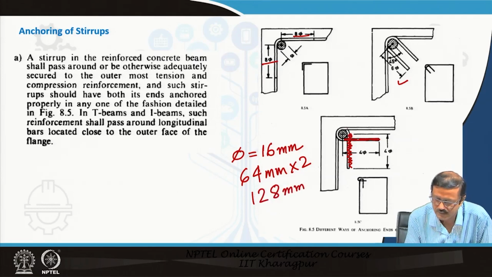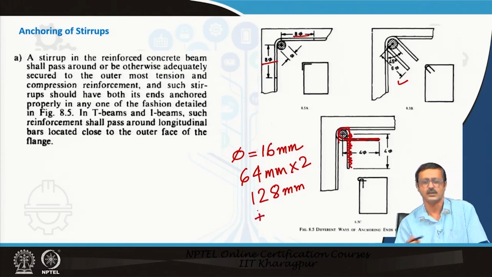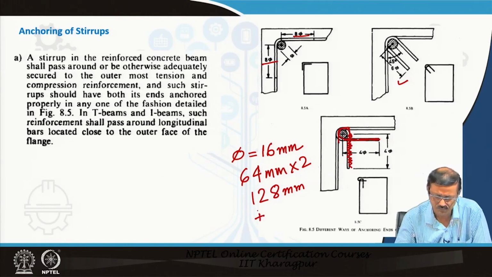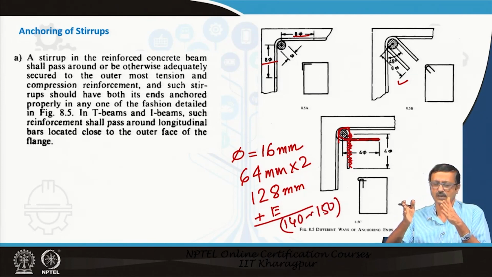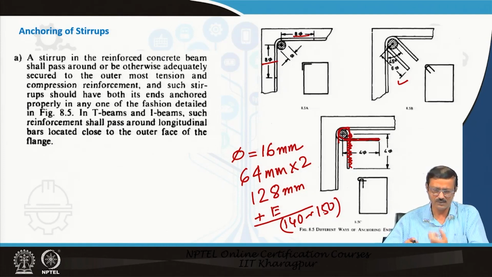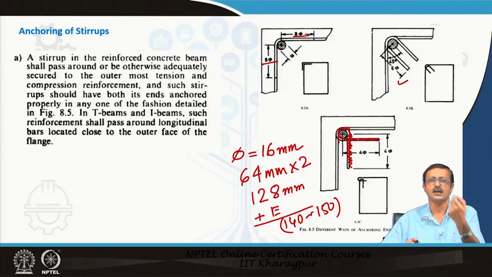Plus there is a bend from here and a bend from there, which is some extra in the code that I have not taken up. So, almost 140 mm or 150 mm of extra bar is required, other than the perimeter, for that particular hook. So, that 140 or 150 mm extra is required for each stirrup.